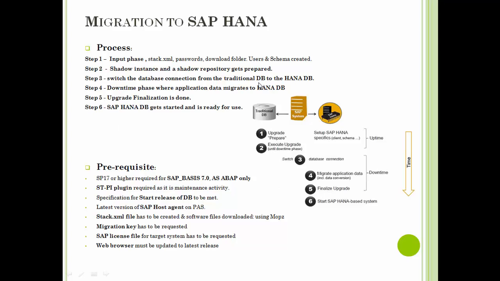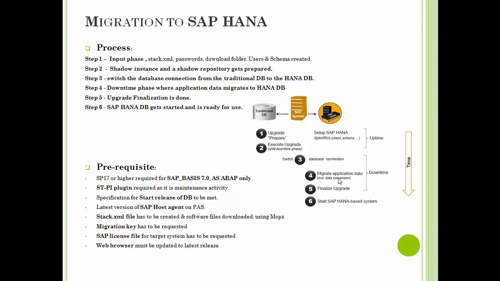And next is step 4, where the actual downtime phase runs. That is, the source database will no longer be running, but we will have the application data being migrated to HANA DB completely. By application data we mean the data structures and the tables which will be migrated to HANA DB.